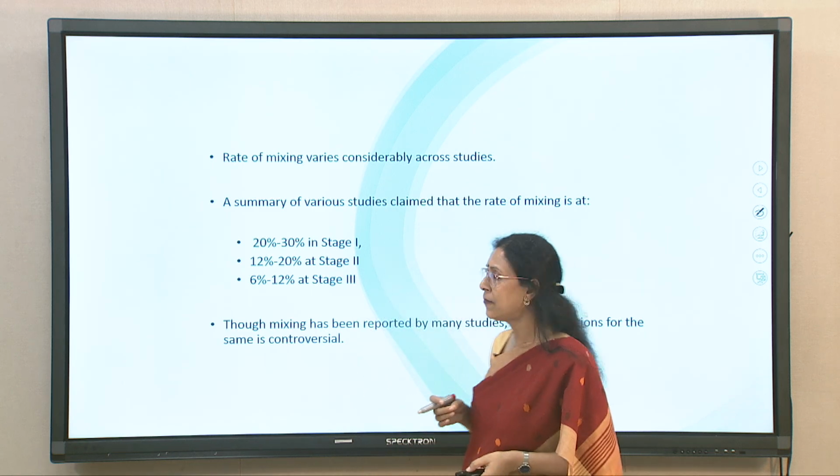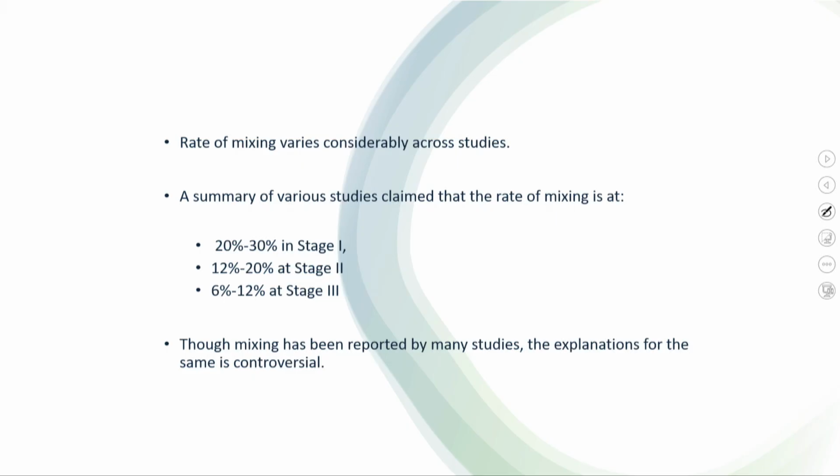A meta-analysis, a summary of various studies, looked at the percentage of mixing, and they found that in stage 1 it is 20 to 30%, pretty high, stage 2 slightly less, and stage 3 is 6 to 12%. So, this is what later findings pointed out.